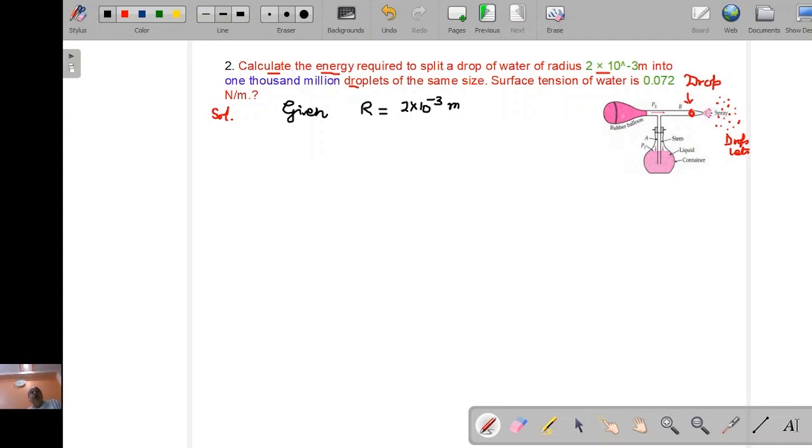The number of droplets is 1000 million. Million means 10 to the power 6. So the number of droplets comes out to 10 to the power 9.